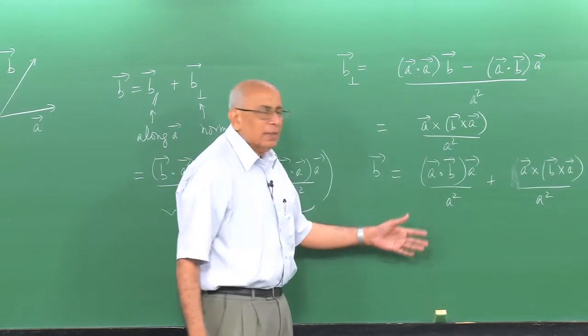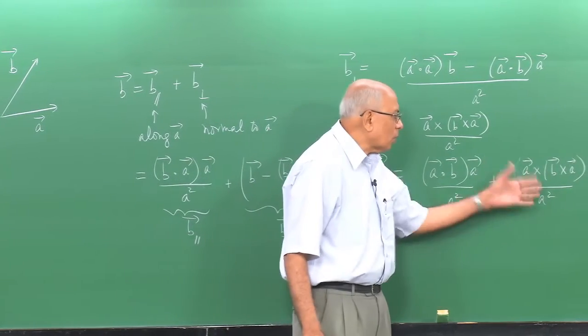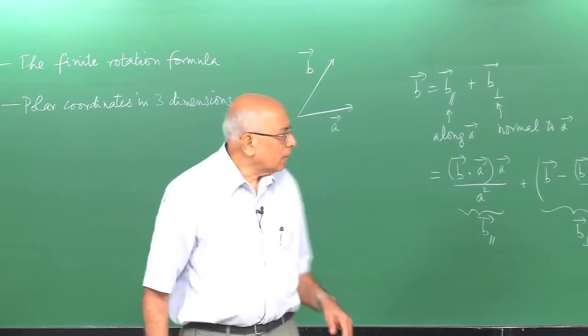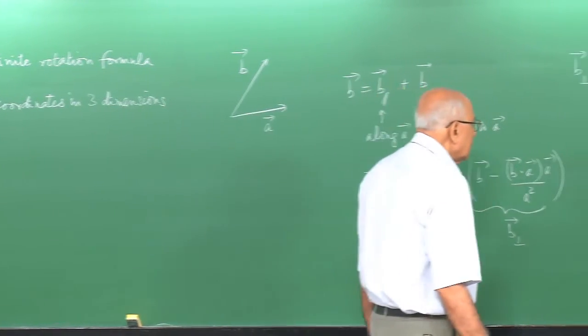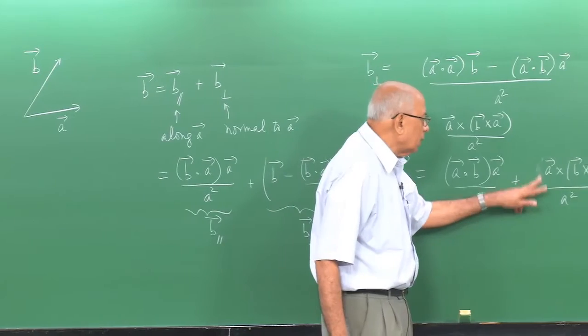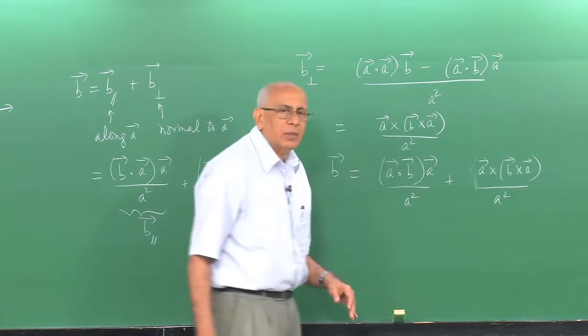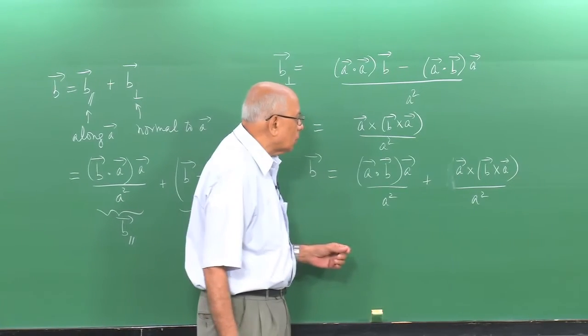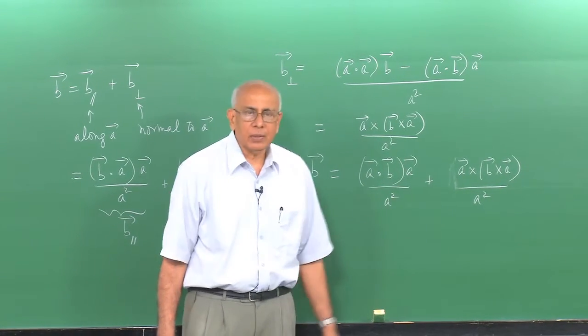So the dot product appears in the parallel part, and the triple cross product appears in the normal part here. So that's a useful formula to remember, not necessary to memorize it. You can actually derive it whenever you need. It's quite easy and straightforward to do so, but it's a very simple looking formula out here.